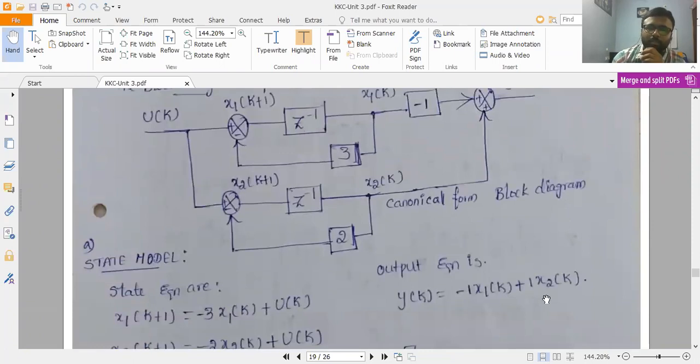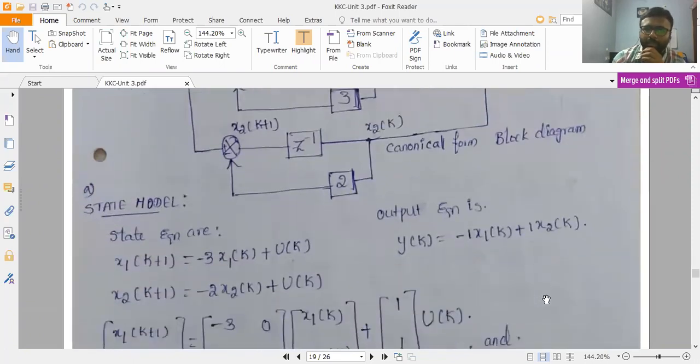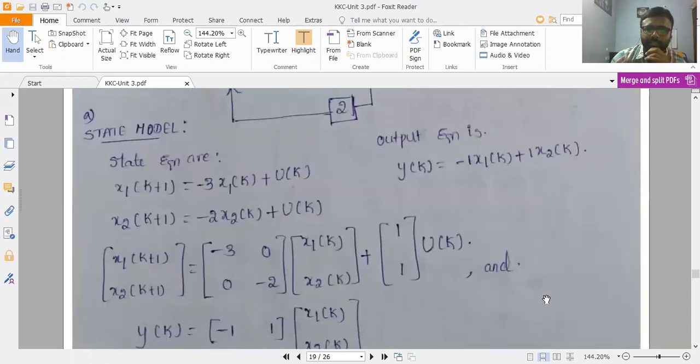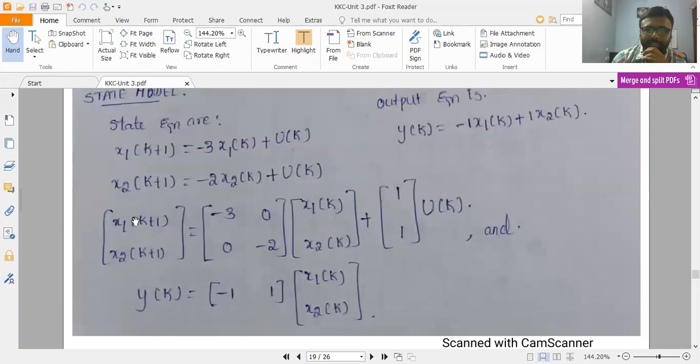Okay, so with the block diagram, we have written the state equations using the canonical form, and we have represented the state equations in the form of a matrix, that is x1 of k plus 1, x2 of k plus 1. This is represented in the form of the matrix minus 3 0 0 and minus 2, and this is the matrix A, and y of k is represented as minus 1 1 times x1 of k and x2 of k.